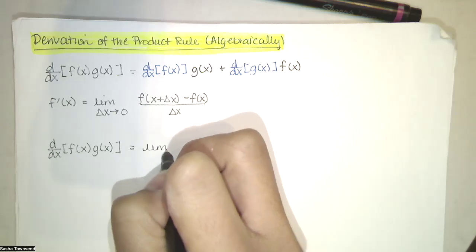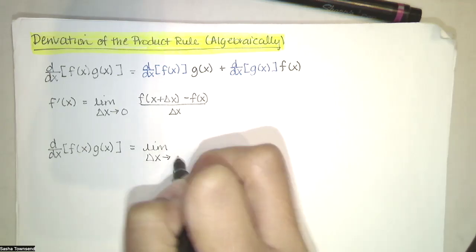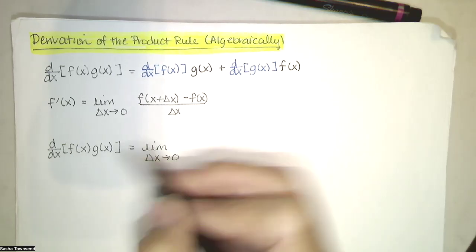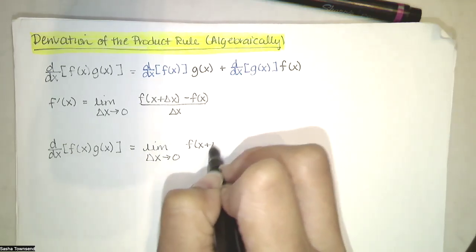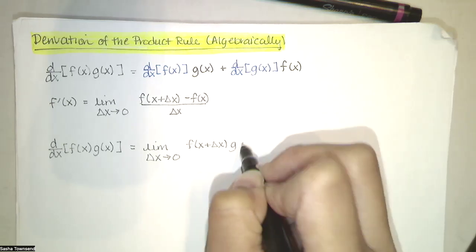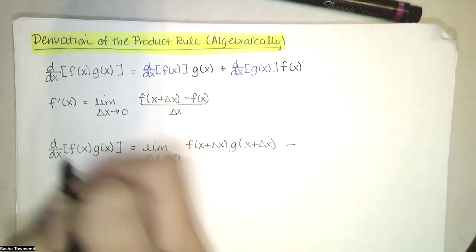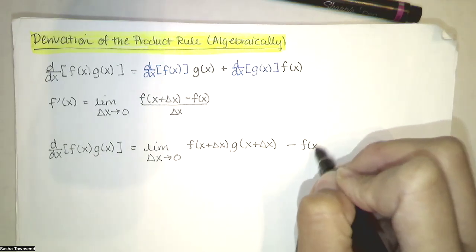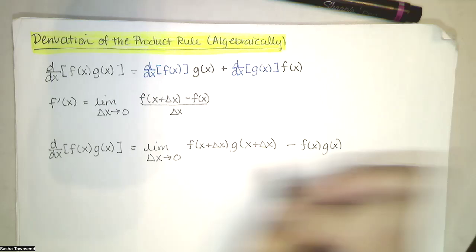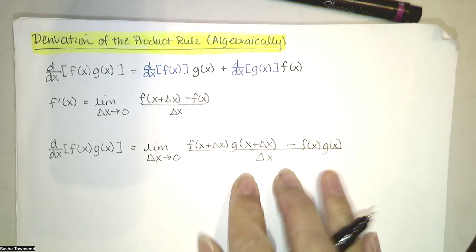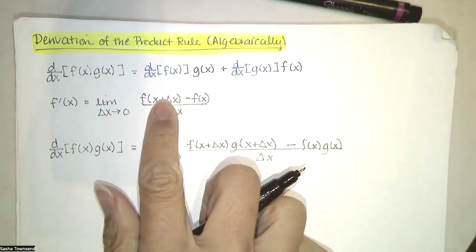So we've got the limit as delta x approaches 0 of our function evaluated at x plus delta x. So we take f and we replace x with x plus delta x, and we multiply by g evaluated at x plus delta x. Then we subtract the original function, which is f of x times g of x, and we're dividing by delta x.